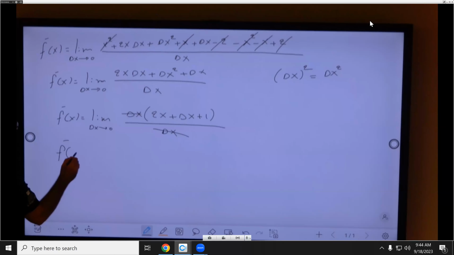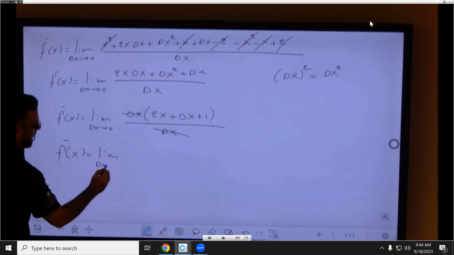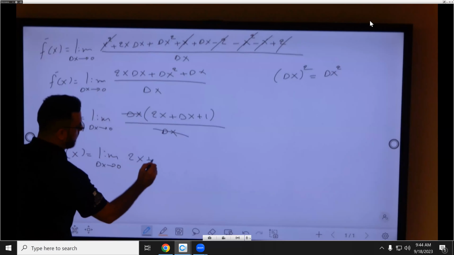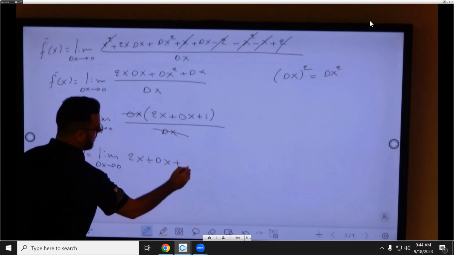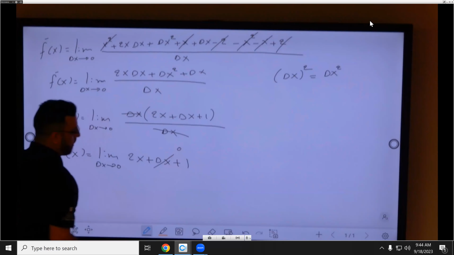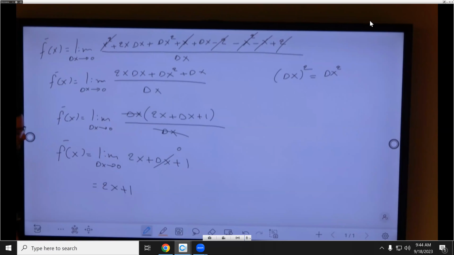That means our slope, the derivative when delta x approaches 0, is 2x plus delta x plus 1. Now, if you plug in delta x equals 0, this one is going to be 0. What's the left? 2x plus 1.